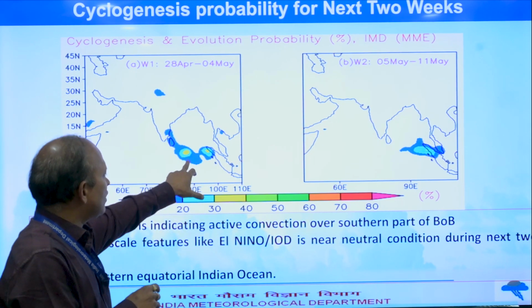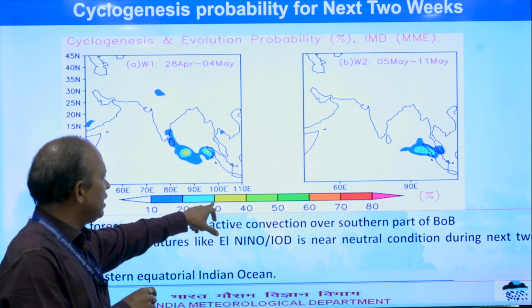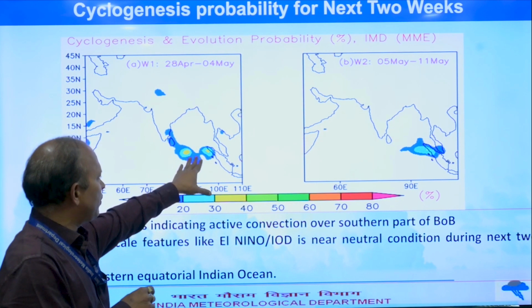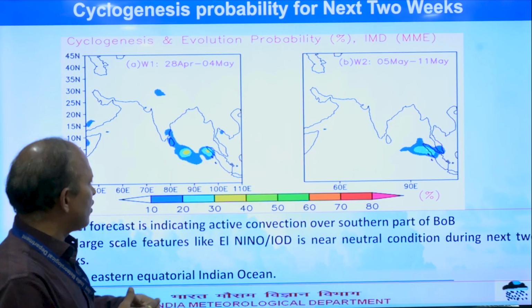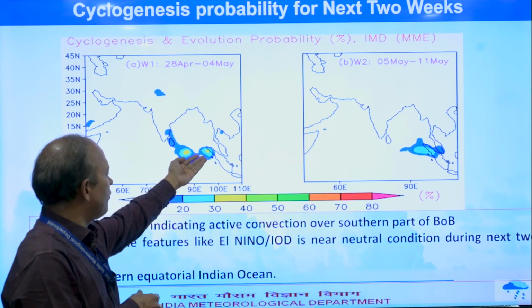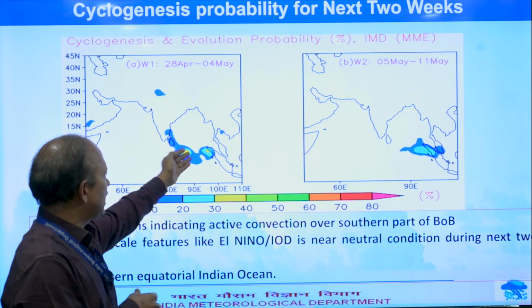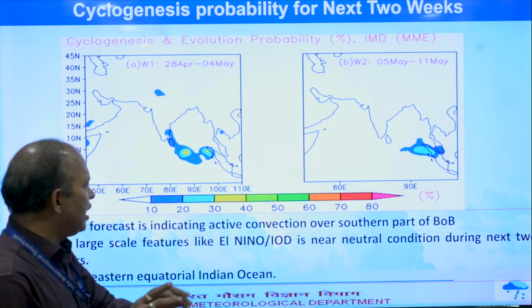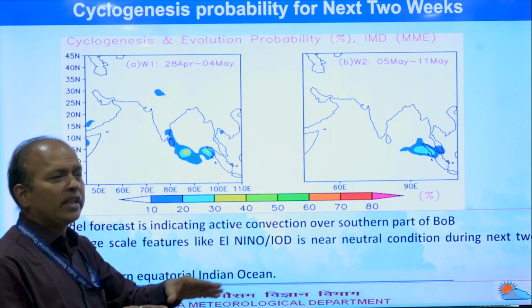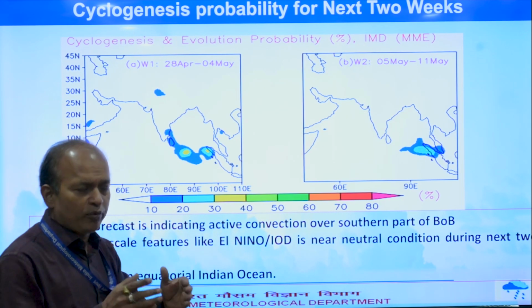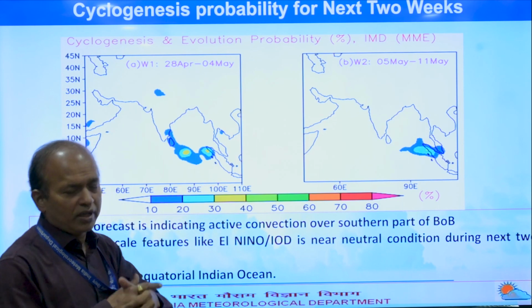If you see, there is some convective activity with 30 to 40% probability here, which means there is an increase of convective activity likely over the South Bay of Bengal and towards the western side. This is a model indication, but there are also large scale features we have to see along with this model forecast.